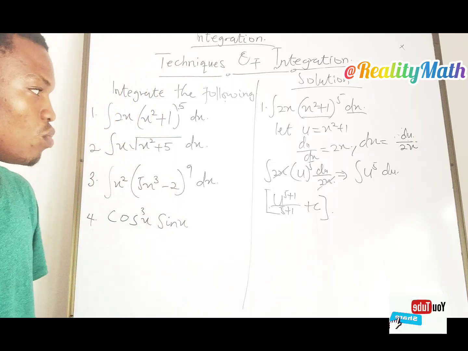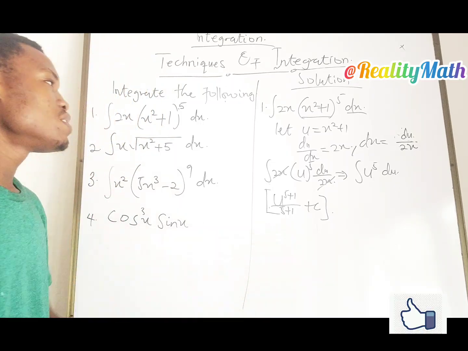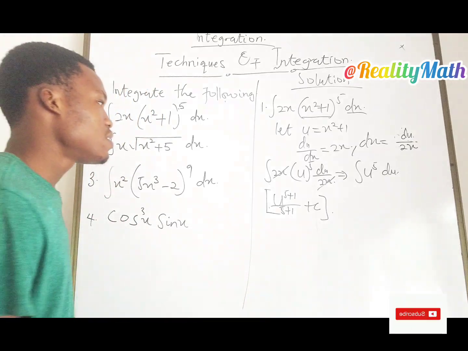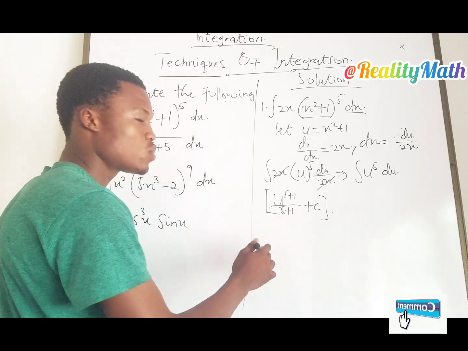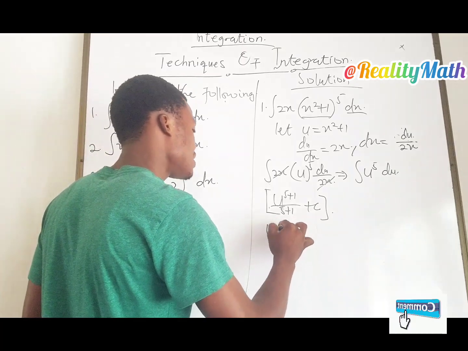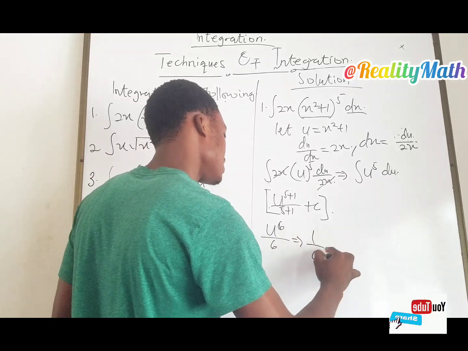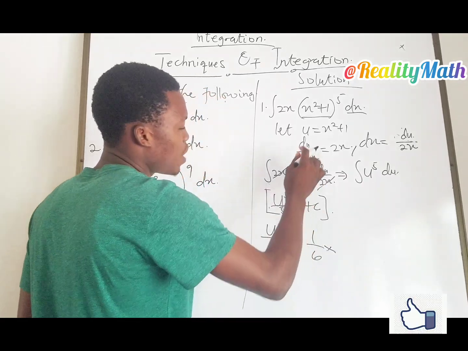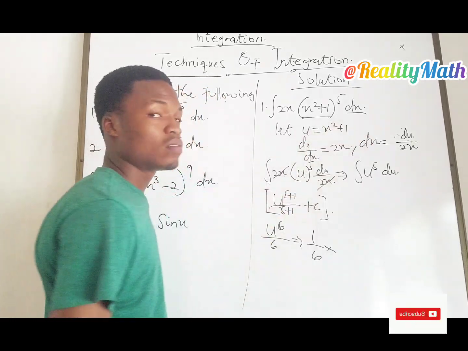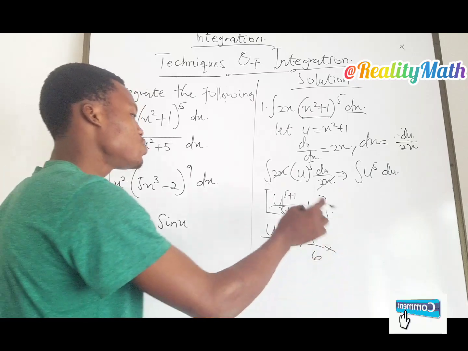So we've now gotten this. Let's simplify it and see what we are getting. This gives us u to the power 6 all over 6, which is the same as 1 over 6 times u to the power 6. Now my u is x squared plus 1, so remember we have to resubstitute it back.